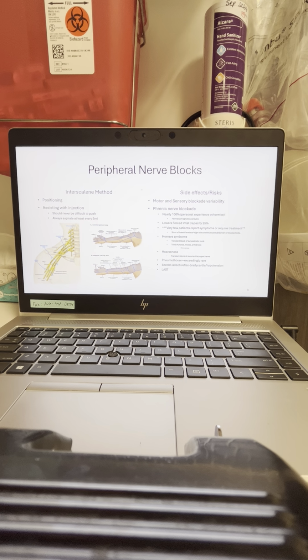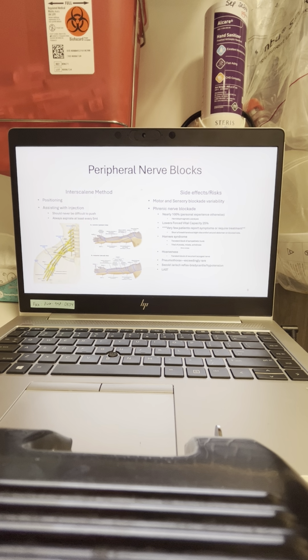Okay, so phrenic nerve blockade happens very, very commonly in this block. C3, C4, C5 keep the diaphragm alive, and C5 is one of the nerves that we're targeting.